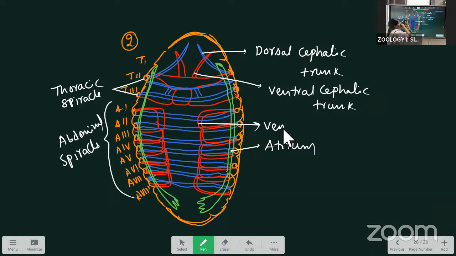This color I'll change. This one is the dorsal longitudinal trunk. Dorsal longitudinal trunk.